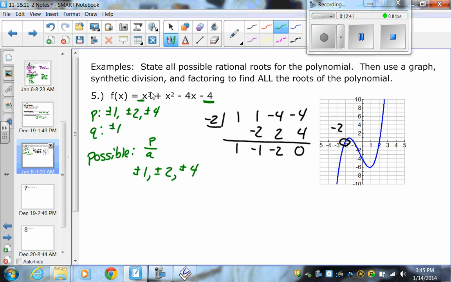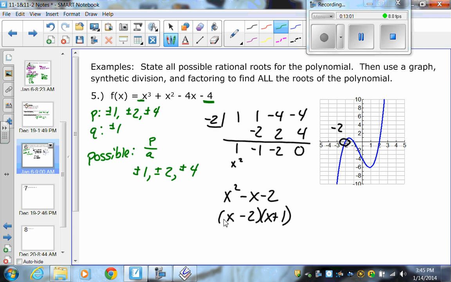So if I started with x to the third, this is now x squared. So really that's x squared minus x minus 2. And we can finish factoring that because that factors to x minus 2 and x plus 1.